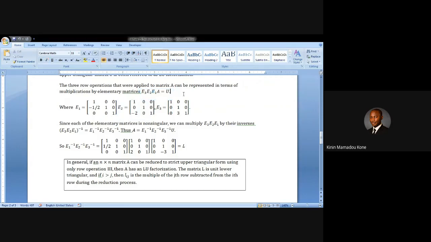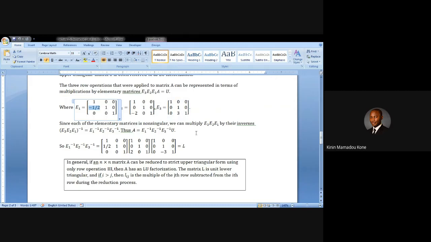The first operation that we did was negative one half row one plus row two, and here we have negative one half.